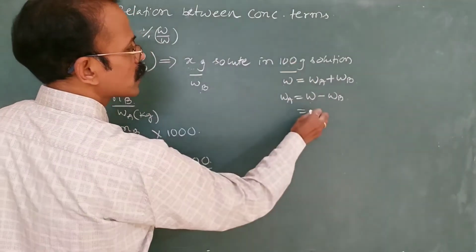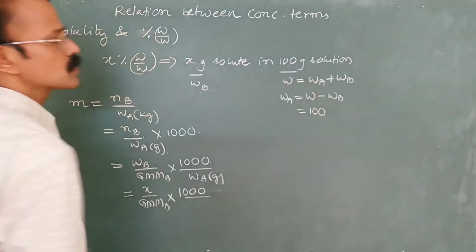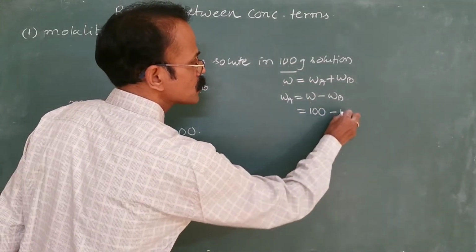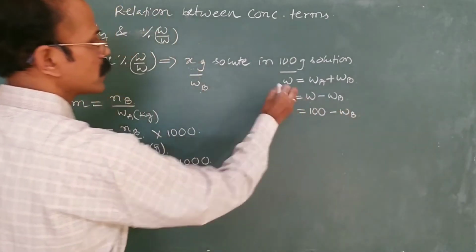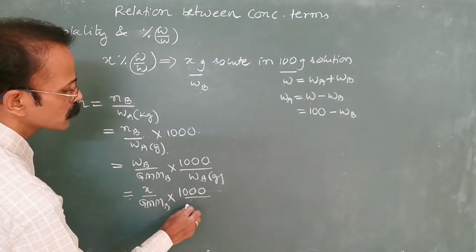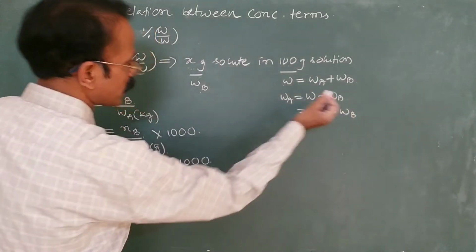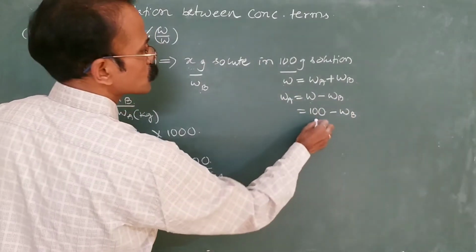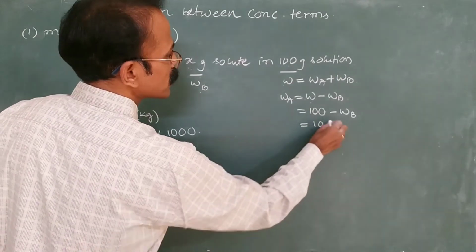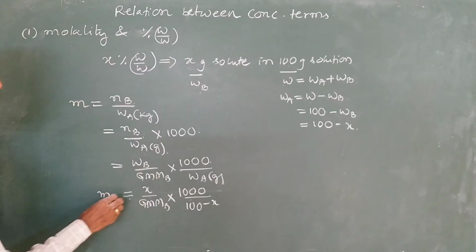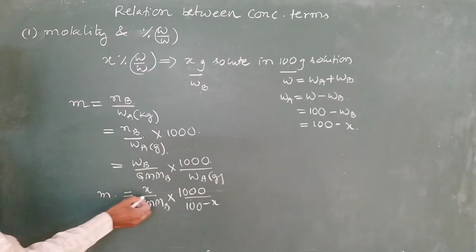Mass of solution is 100 grams, because we are talking about percentage, so 100 grams of solution will be there. So 100 minus Wb is equal to mass of solvent, and Wb is again equal to x, so that is equal to 100 minus x. Substitute here, then you will get the relationship between molality and percentage by mass.